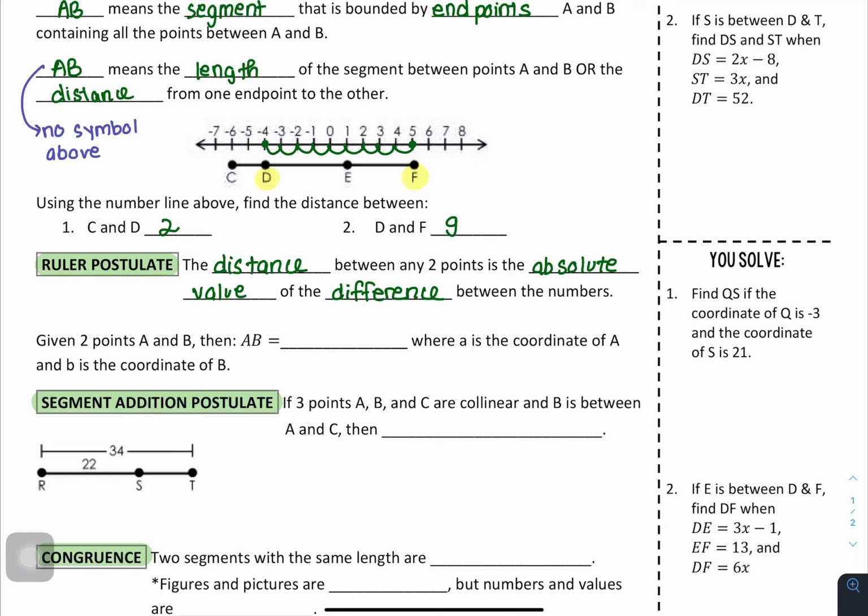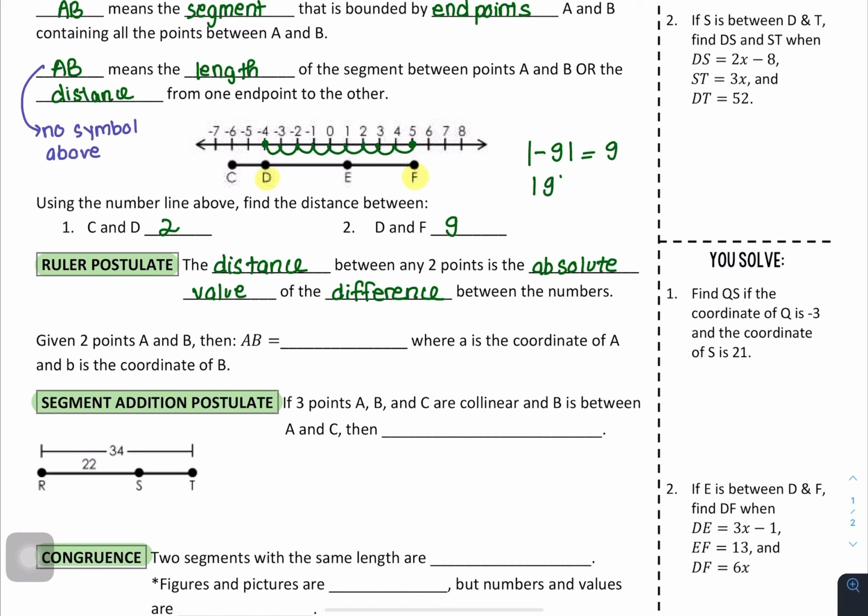So what is the absolute value? Absolute value is written like this. Let's say absolute value of -9 is +9. So the absolute value of any number will give you a positive number. So absolute value of a negative number will give you a positive number.